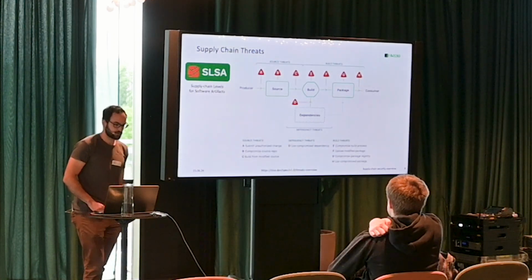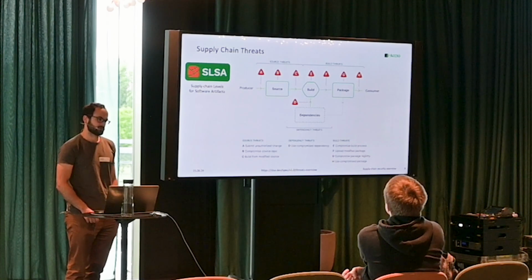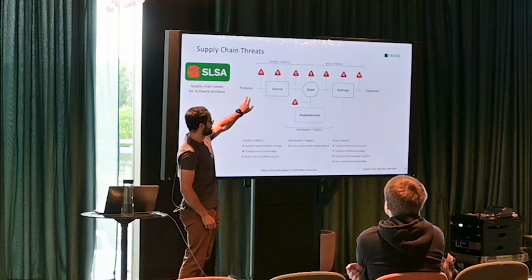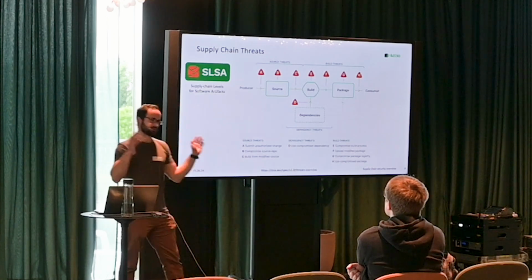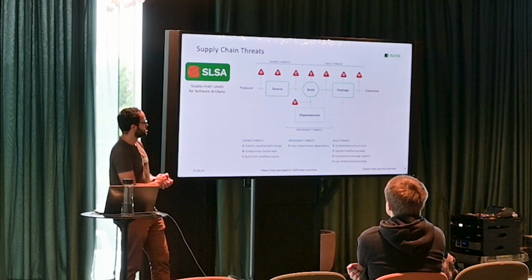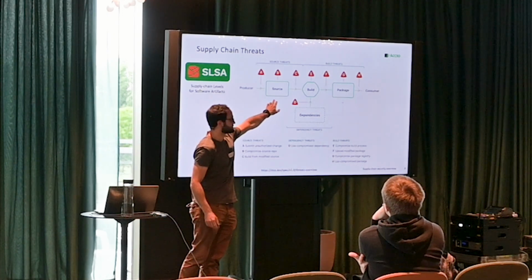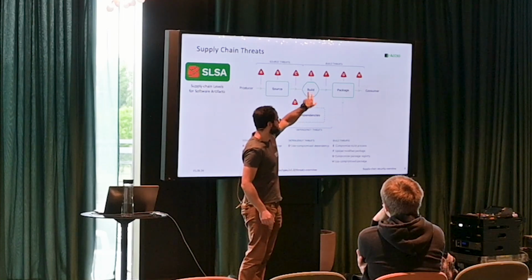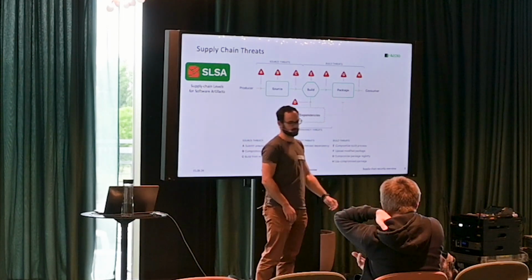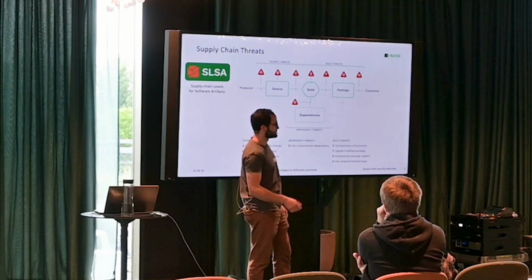So, going to SLSA, it addresses some of these issues in the supply chain. If we look at this picture, the producer would be your average developer, your coder. He has a laptop, he writes code, and then he uploads to Git, which would be a source, and you have some kind of runner or build pipeline, and then it's packaged and stored in an artifactory, or in the Docker case, a registry.